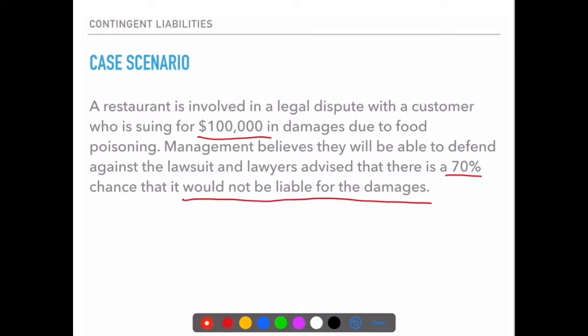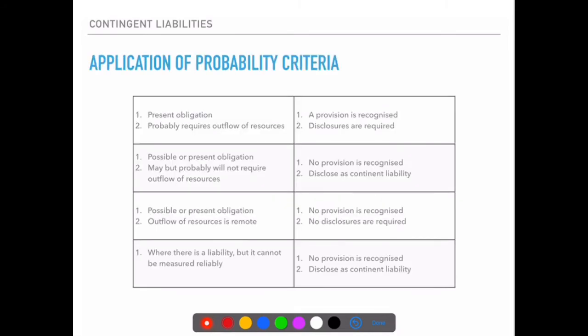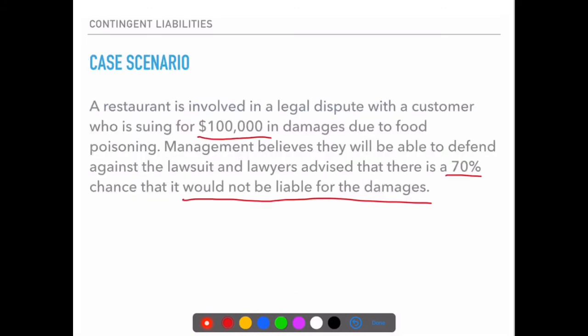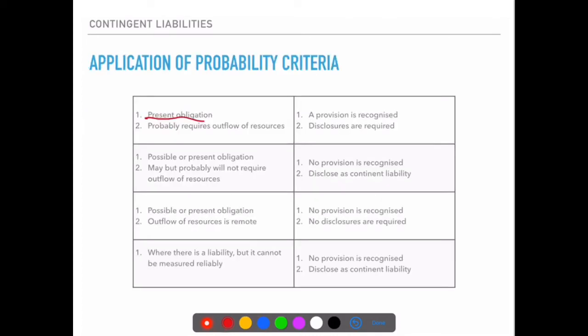So if we apply this to the table we looked at earlier, is it a present obligation? If we look at the case facts, a restaurant is involved in a legal dispute, so it's still going on. It's nothing certain yet, so it's not a present obligation. So look at the third one.